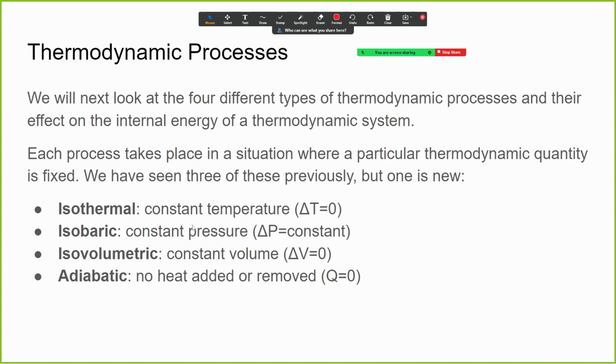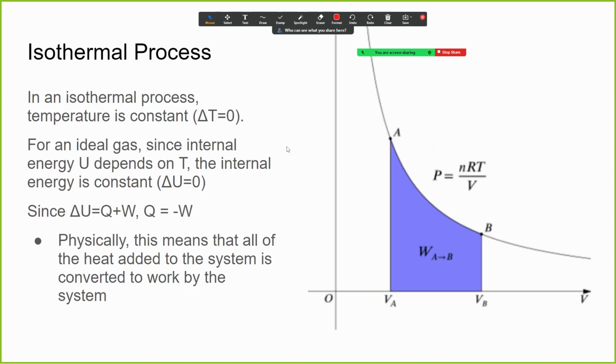We have seen isothermal, which is constant temperature, isobaric, which means constant pressure, so the change in pressure would be zero, and isovolumetric, which means constant volume, so the change in volume is zero. And then adiabatic is a new one that just means that there's no heat added or removed. That just means that Q is equal to zero, which reduces your first law of thermodynamics down to being just equal to the work done on the system if it's adiabatic.